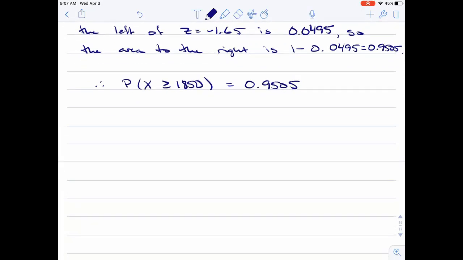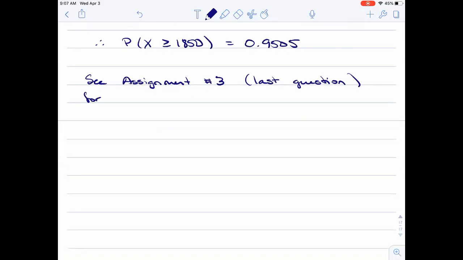For extra practice, of course, there's stuff posted on Moodle, but see assignment 3, the last question. It's for extra practice, you don't have to hand it in. I've posted the solutions on Moodle.